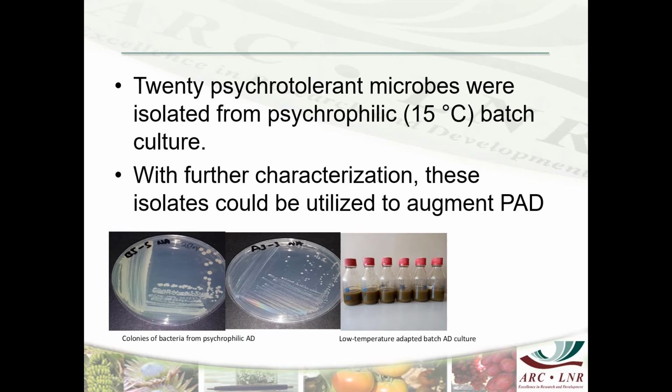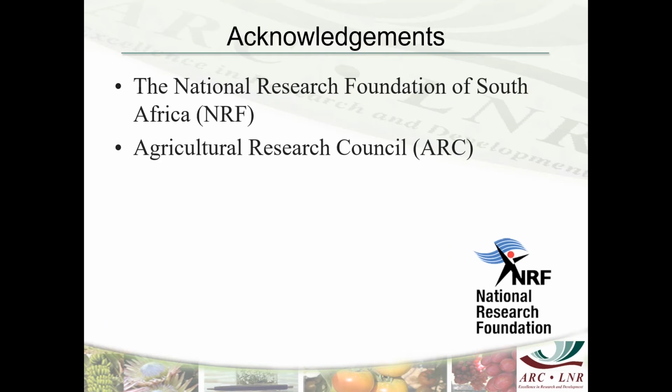At the time of presenting, 20 psychrotolerant microbes were isolated from psychrophilic batch culture, as shown on this image. And these isolates with further characterization could be utilized to augment psychrophilic anaerobic digestion.